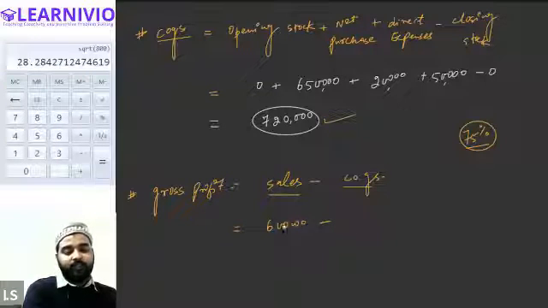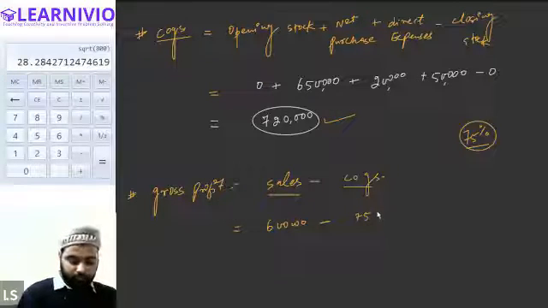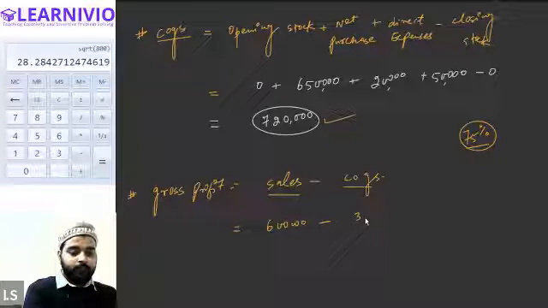Since the sales value of only 75% of the goods is taken, the cost of only 75% of the goods will be taken. So we will take 75%, or we can also write it as 3/4 of 7,20,000.